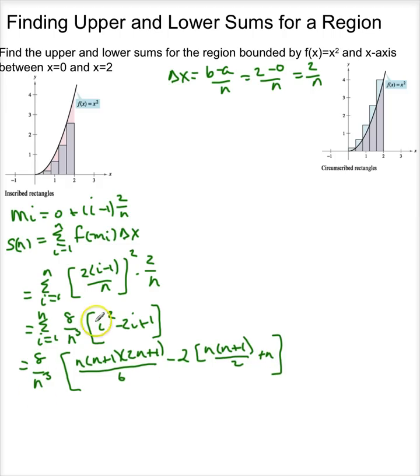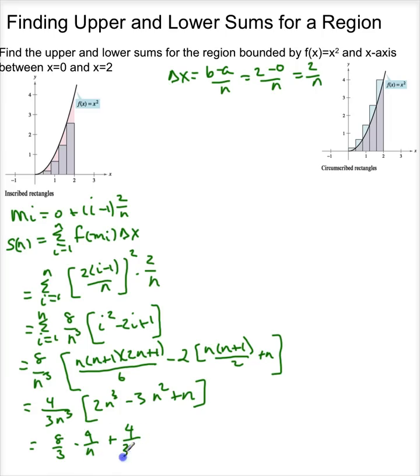Okay, I'm going to expand this out, and I get 4 over 3 n cubed times 2n cubed minus 3n squared plus n. And so I get, for a lower sum, 8 divided by 3 minus 4 over n plus 4 over 3n squared. And this is my lower sum.